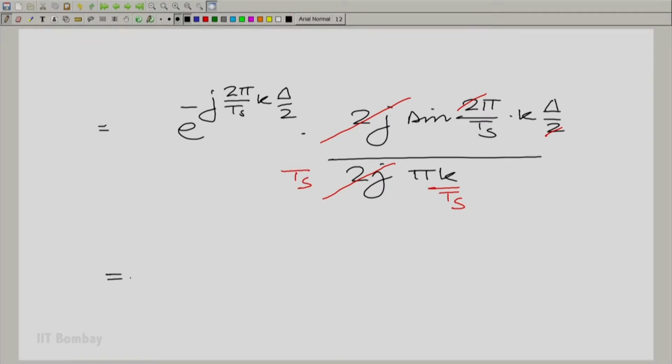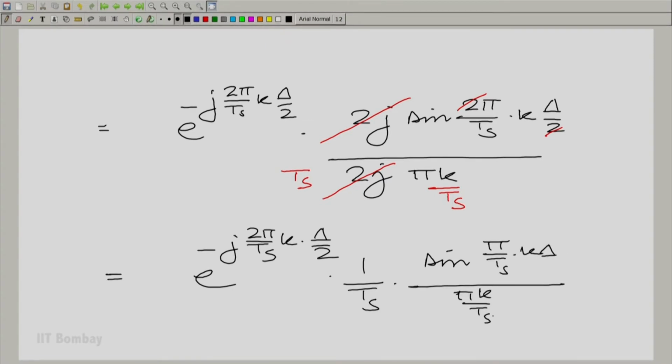So, this would now be equal to e raised to the power minus j 2 pi by Ts k delta by 2 times 1 by Ts. Now, how does this look? This looks like a sinc function, doesn't it? You can multiply again numerator and denominator by delta. So, I can bring a delta here on the numerator and put a delta on the denominator.